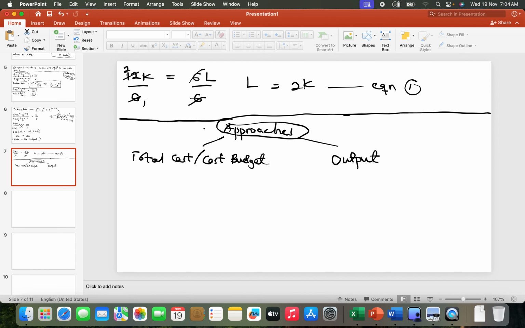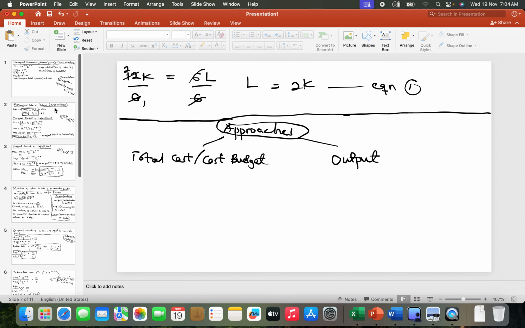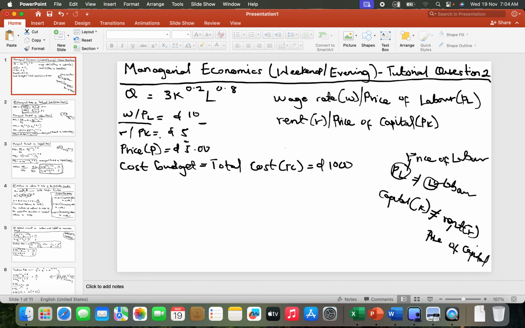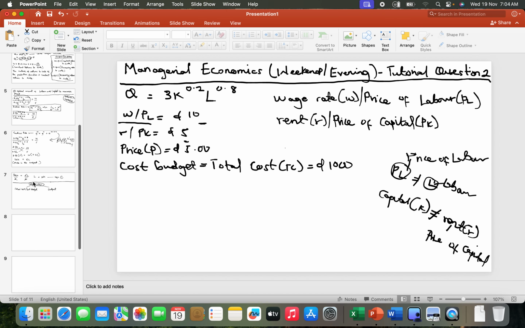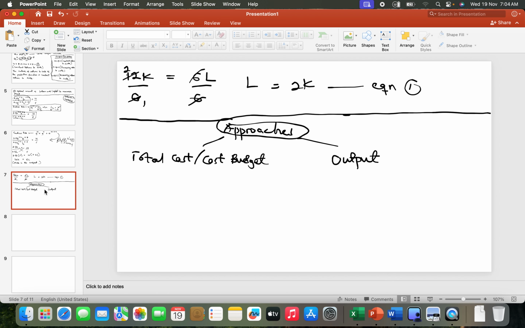So the question, you check if the question is using total cost or cost budget, or the question is using output. So let's check with this particular question. The question is using cost budget, which is total cost. So it means that in solving this question, we are going to use the total cost approach.